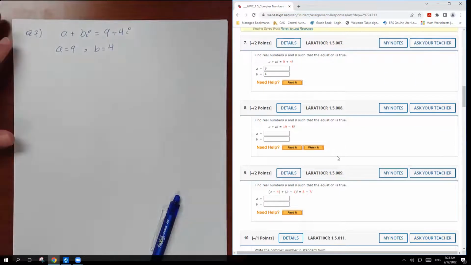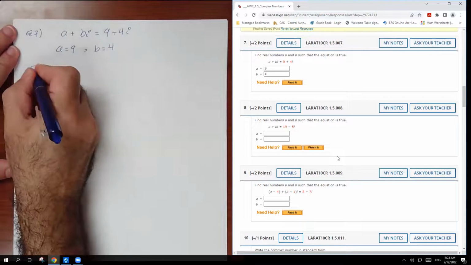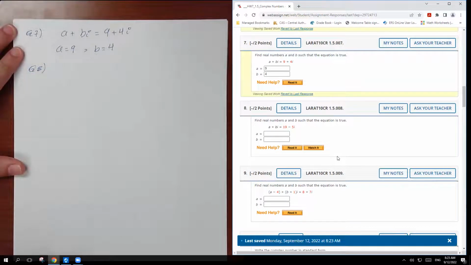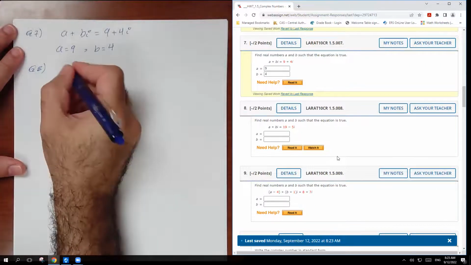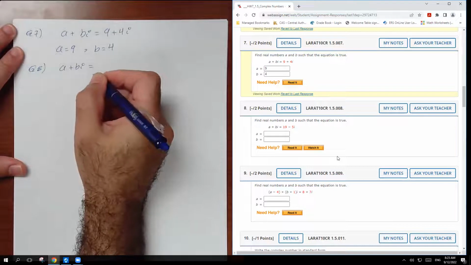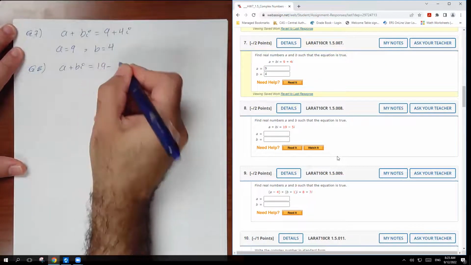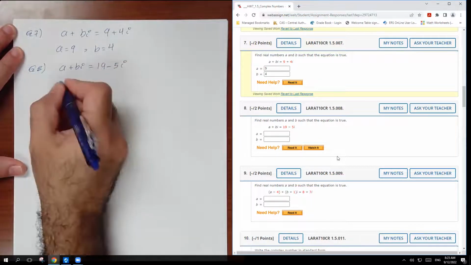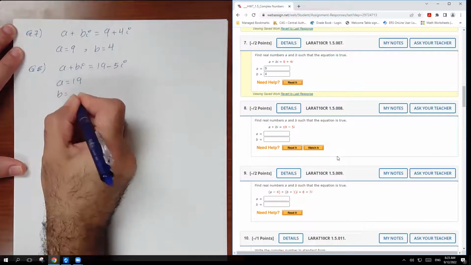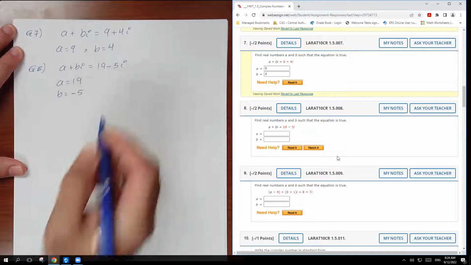Same thing with the second one, a plus bi for question a. a is 19, because a plus bi is equal to 19 minus 5i. That means a equals 19 and b equals, be careful, negative 5. Be careful on the sign.